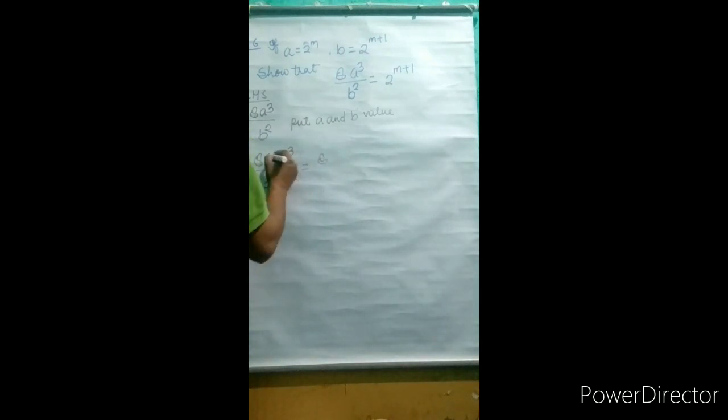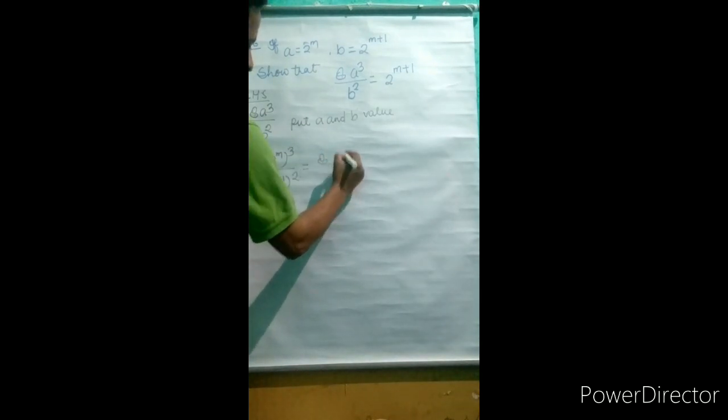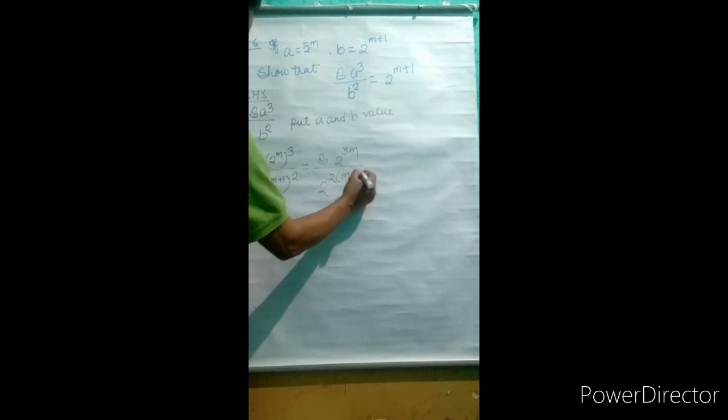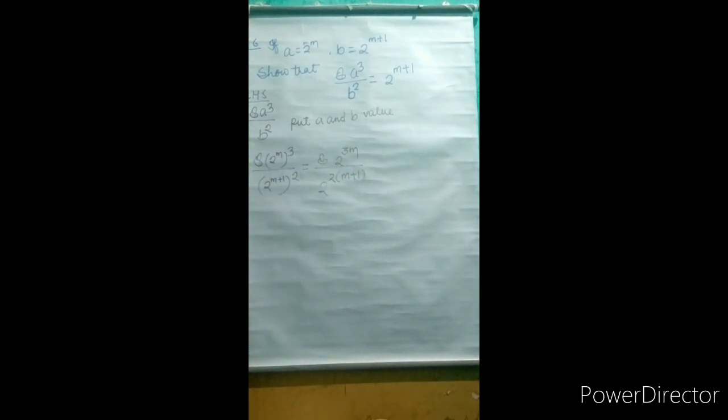Power to the power will multiply: 8 into 2 raised to power 3m, and here also it will multiply, 2 into m plus 1. Now you will solve it.